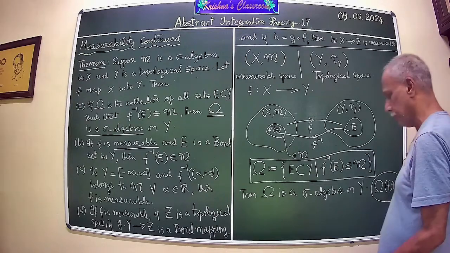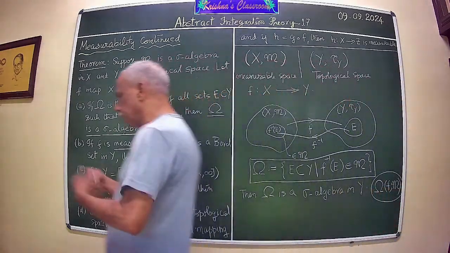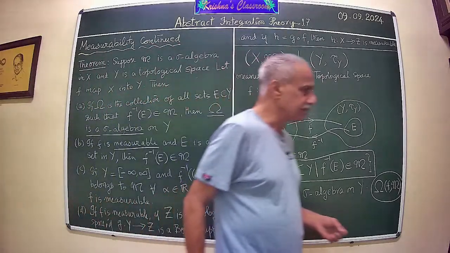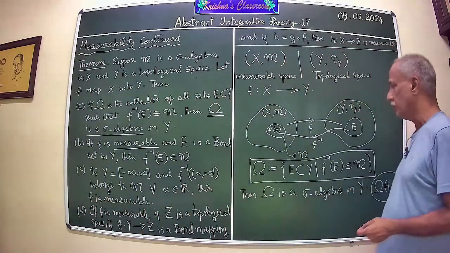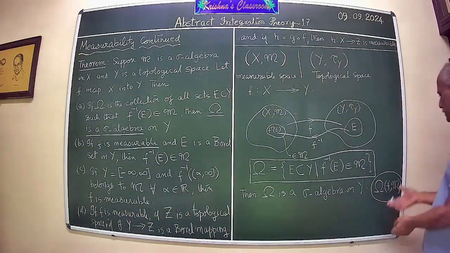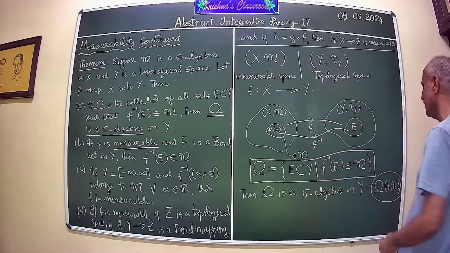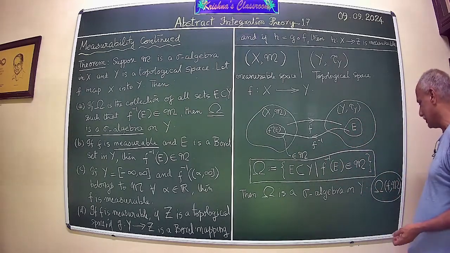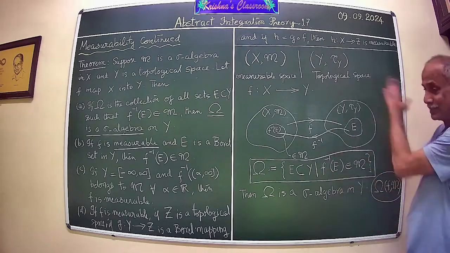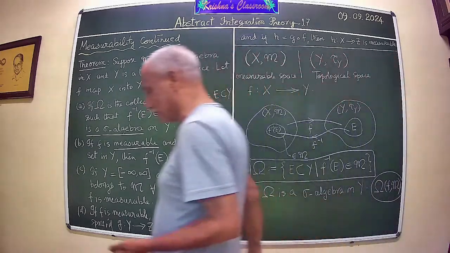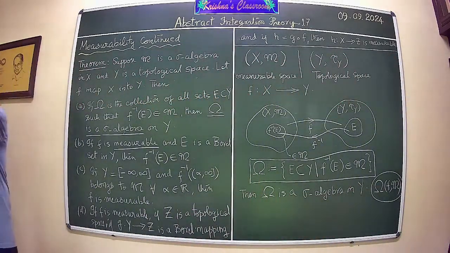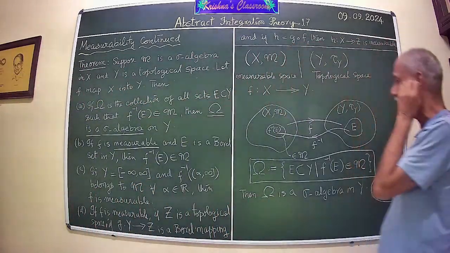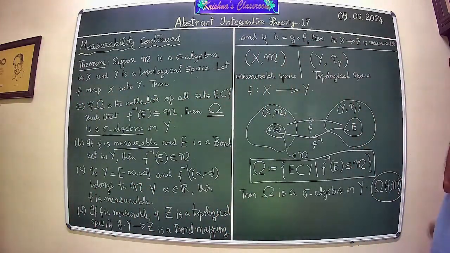So when you vary the sigma algebra, you get different sigma algebras on Y. You fix your map F. Otherwise, if you vary F, you will get different sigma algebras on Y. Okay. If you vary both, you get a whole collection of sigma algebras. So there is a nice way of constructing new sigma algebras. Now this is the significance of this. Okay, so this is what we want to prove.